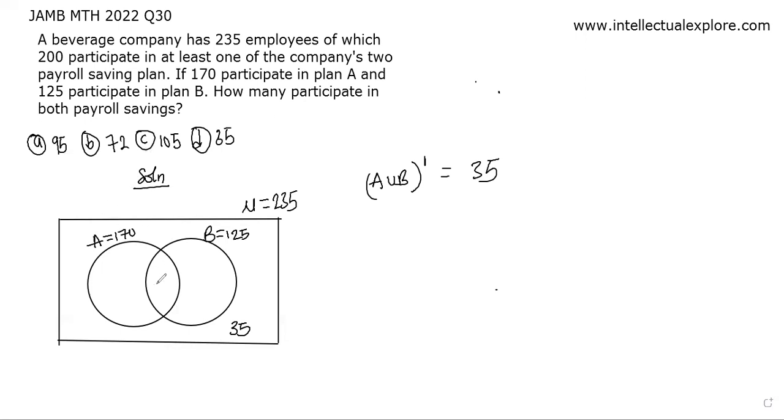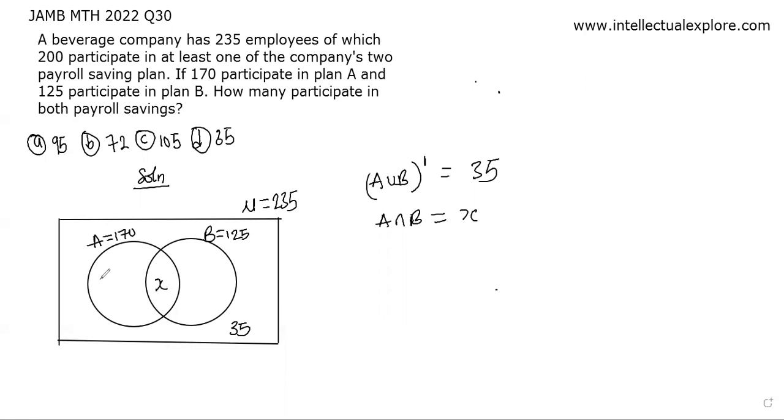That is here, X. This is what they are looking for. This place stands for those who participate in both plan A and plan B. If you are to write that in expression, that would be A intersection B. For now, it's equal to X because we don't know.